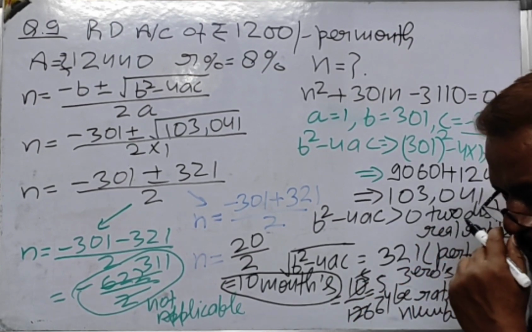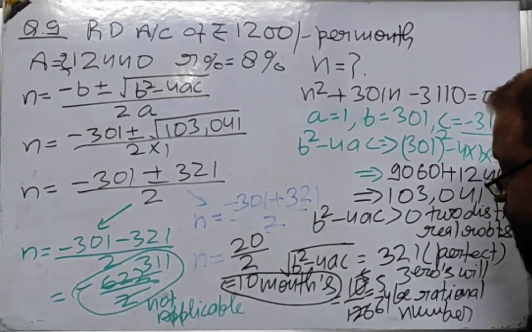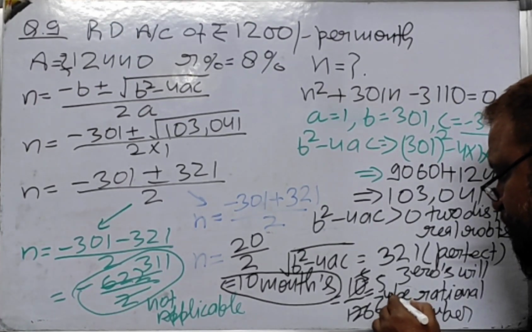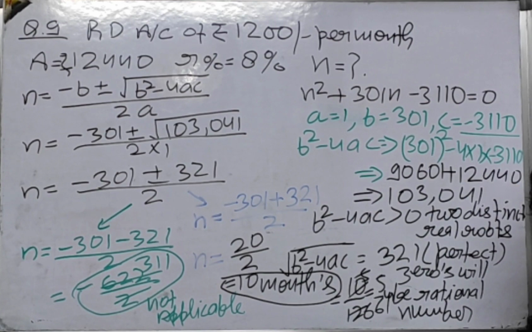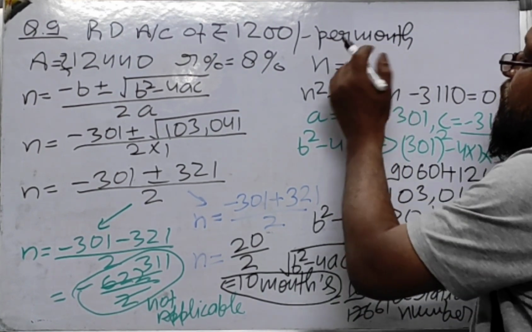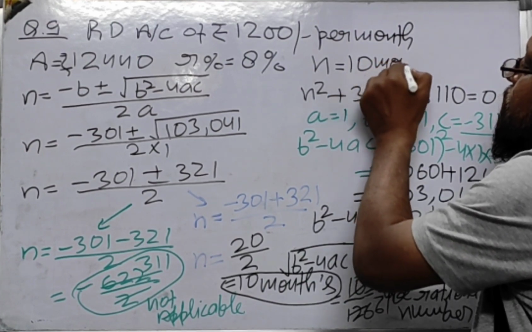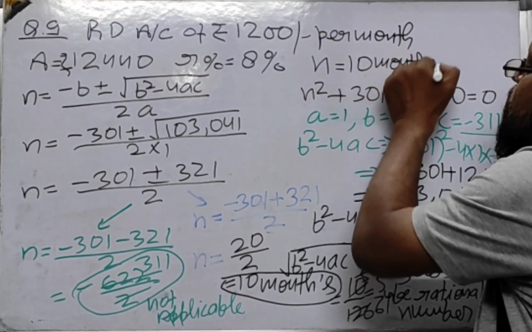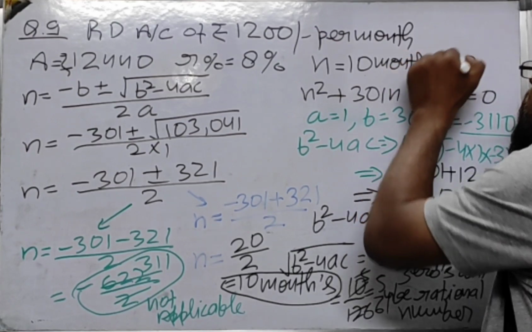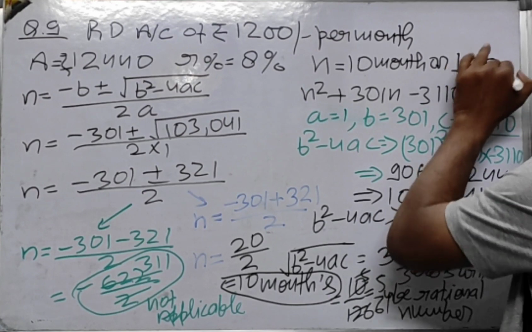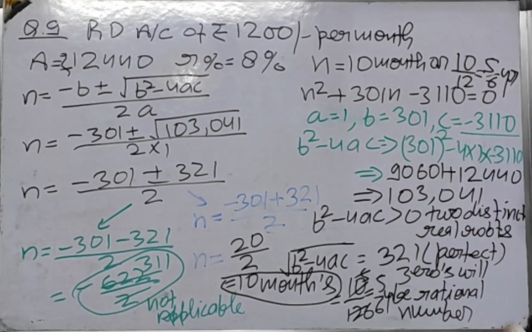So we can write here 10 months, or 10 by 12 becomes 5 by 6 years. Right.